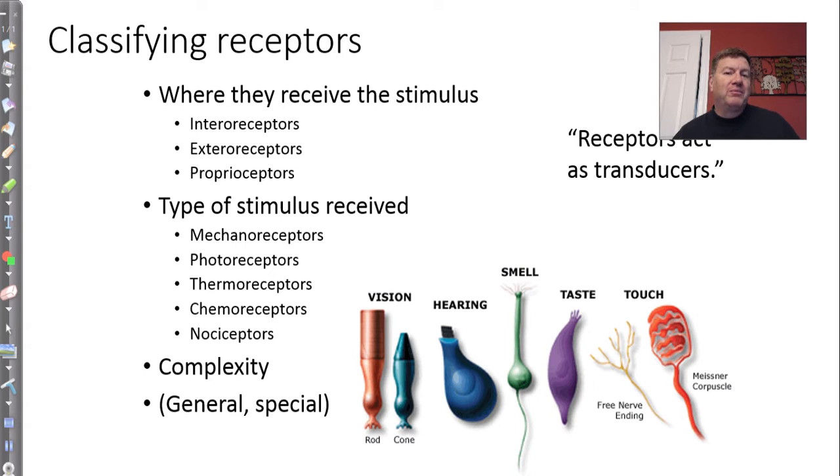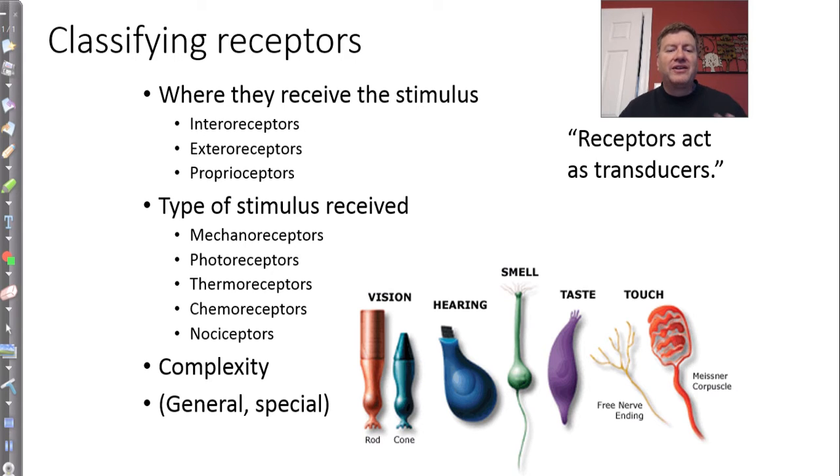We can look at them in terms of where we find them. Interoreceptors are going to be internal receptors, clearly. Exteroreceptors are going to be those that we associate with our external stimulations, like on the skin. And then even proprioception deals with a specialty class of those that we associate with the movement of our muscles and joints.